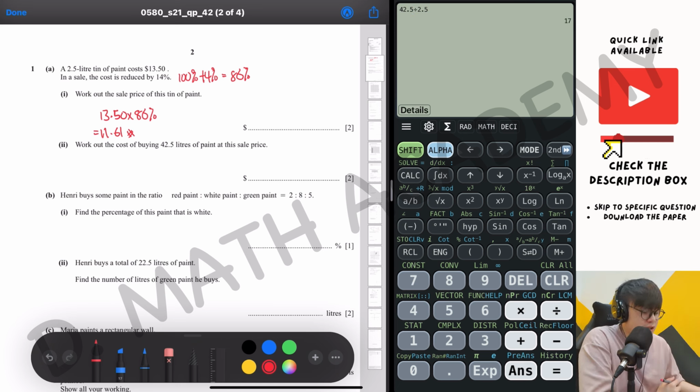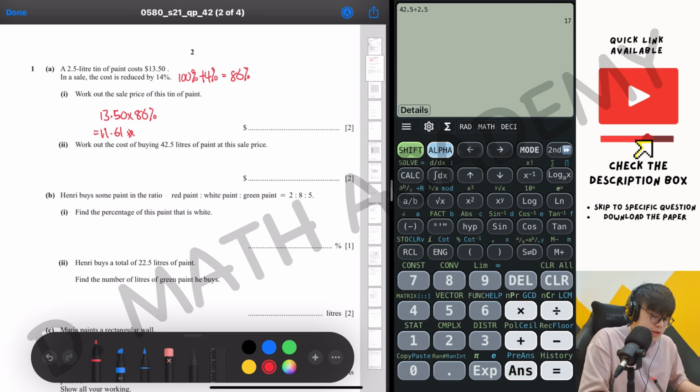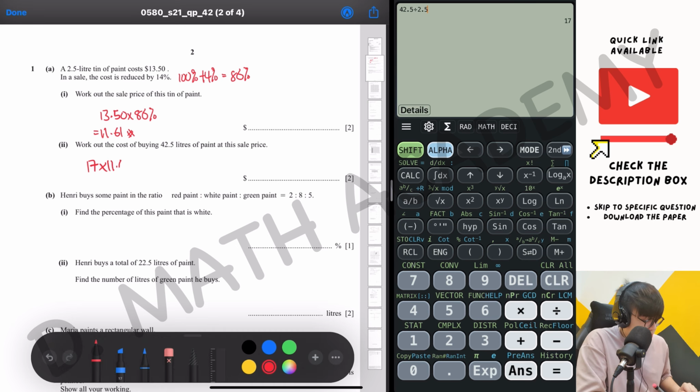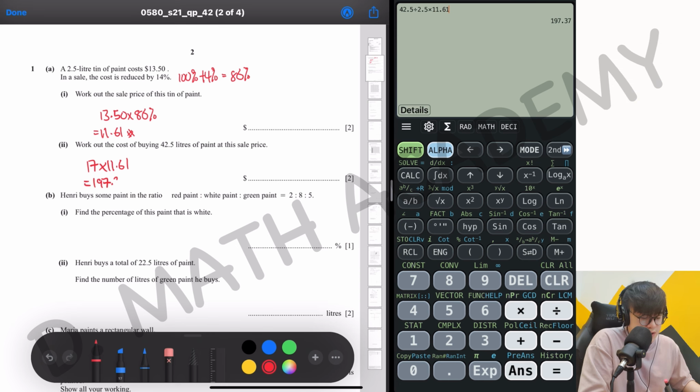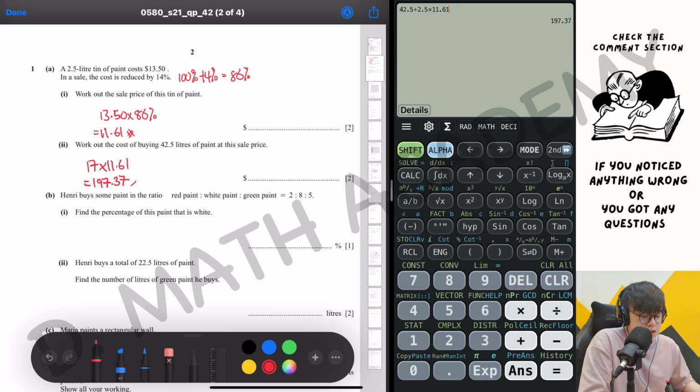So I need 17 of them actually. Then multiply this price with 11.61. Then you will get your final result as 197.37. So that's how you find the cost of buying 42.5 liters of paint.